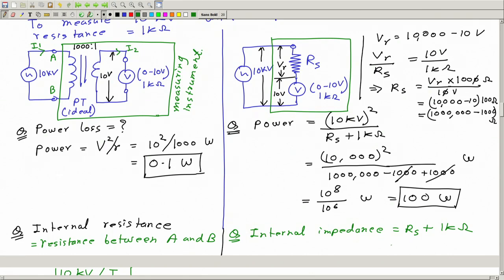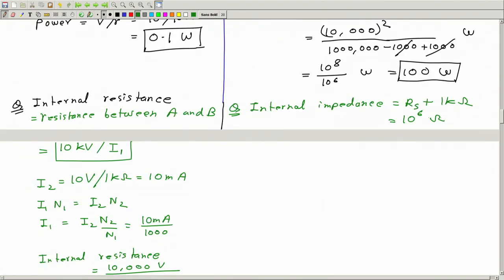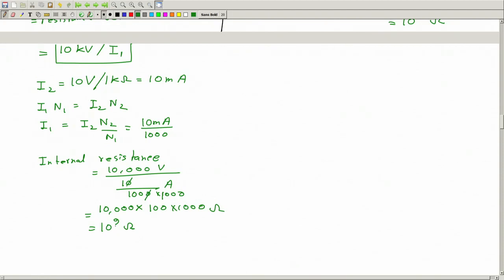This is actually 10 to the power 6 ohm. So this is 10 to the power 6, but the PT case is 10 to the power 9, which is much larger.